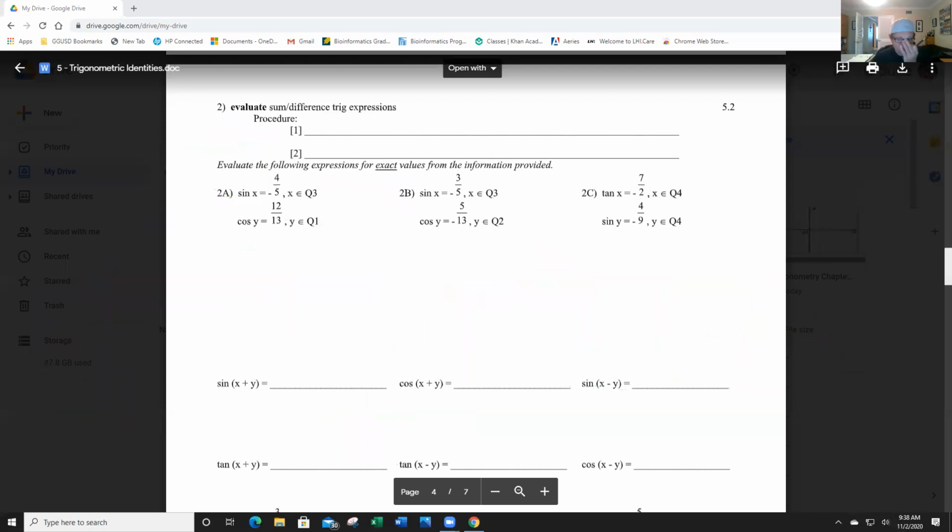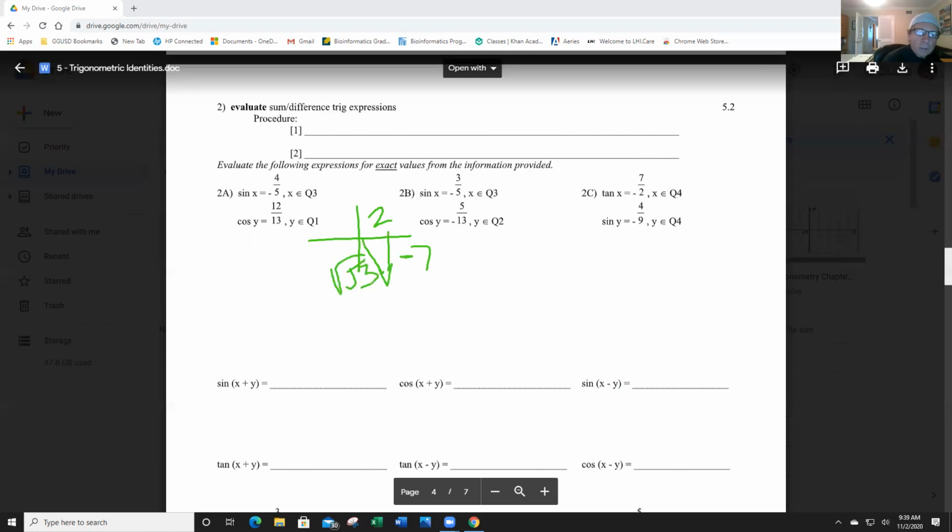All right, let's try 2c now. For 2c, the first thing we're going to do is draw the triangles, and that shouldn't be too hard. Triangle A, we've got something like this: 2, -7, and this is radical 53.